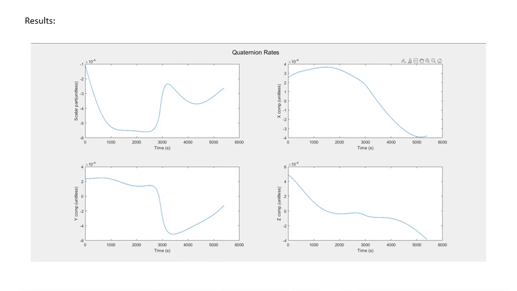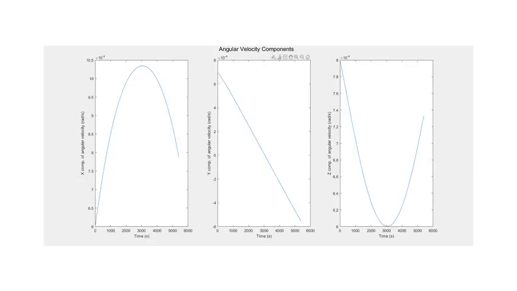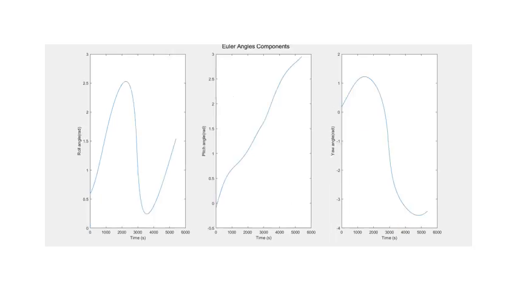The thing is that we didn't add the control system part to the code, so we can see so much variation in the plots as well. This is the plot for various quaternion parameters with respect to time, and this is the angular velocity component variation along the time, and this is the Euler angle components.